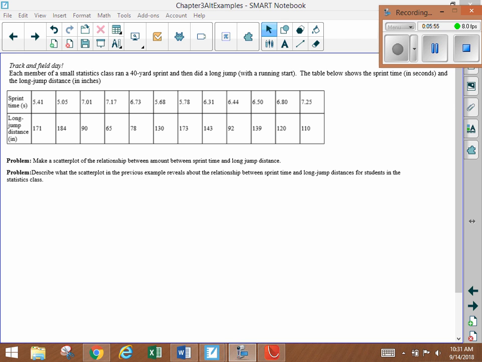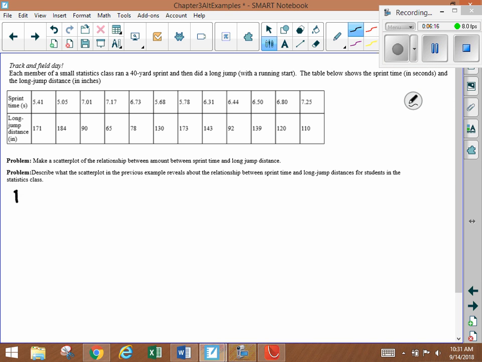All right, now that that's fixed, we want a relationship between sprint time and long jump distance. So if we want to determine if we can predict long jump distance from sprint time, then we'll go ahead and make our explanatory variable sprint time.